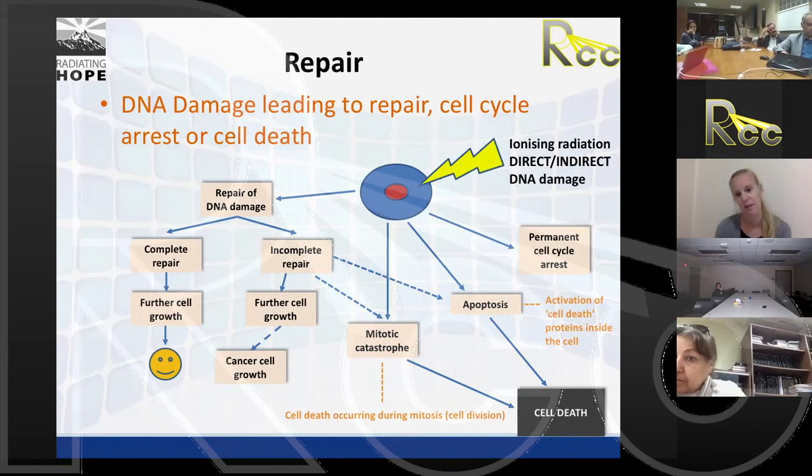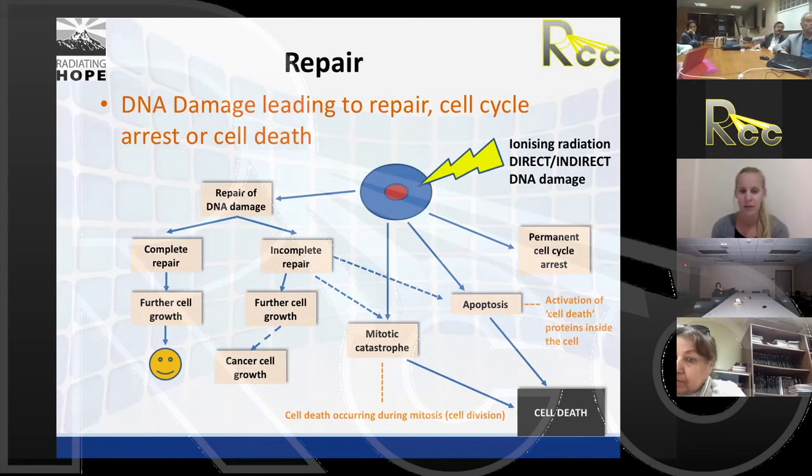Another thing that can happen is called a mitotic catastrophe. This is where the damage causes the cell to die as it's dividing. So it won't die until it starts to divide because you've damaged the DNA and the dividing mechanism that it has. So that's another way that you can have cell death.